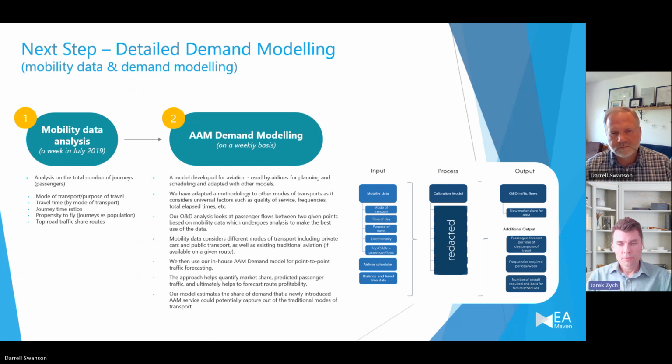We use calibration methods, which are developed in-house through various weighting methodologies and coefficient assignment. The model shows us how many people would switch from other modes of transport and certain purposes of travel to new AAM operations. This gives us an overview of the total market in a given route for future AAM operations.